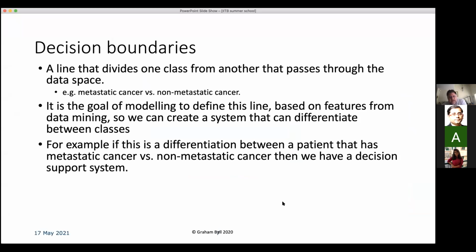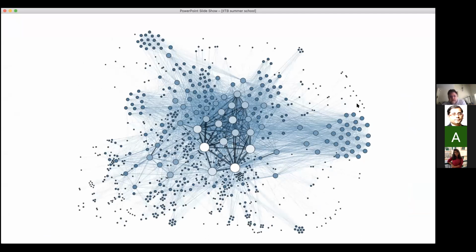So the way we make these decisions is something called a decision boundary. You can imagine a cloud of data looking something like this, where we have lots of variables, all interconnected, all interrelated, and a very, very complex problem.